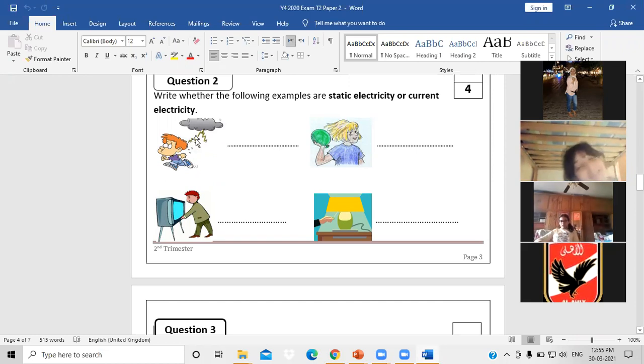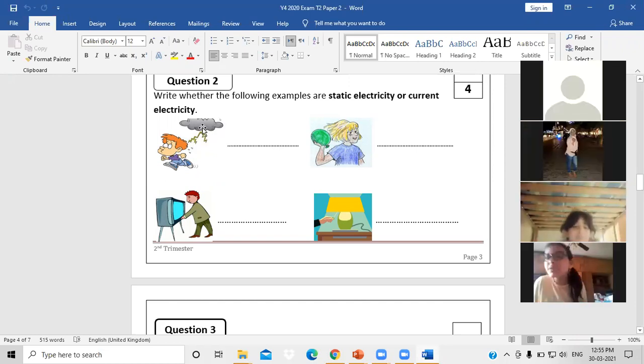So the static is the lightning, and the girl with the balloon is also static. And the boy opening the TV? Current. And the boy opening the light? Current. Thank you, Julie.